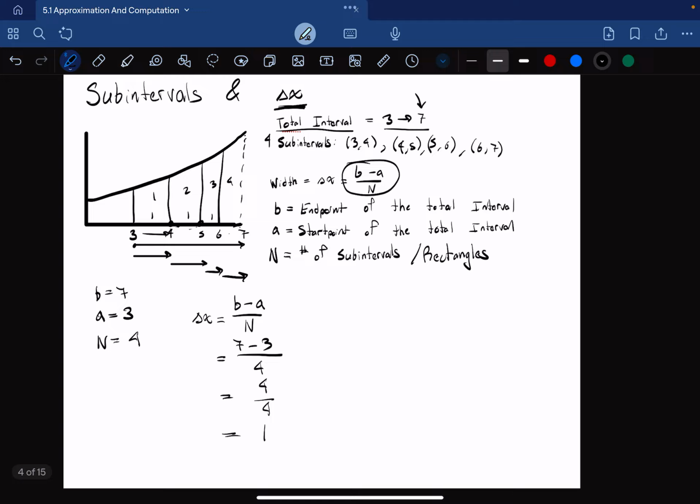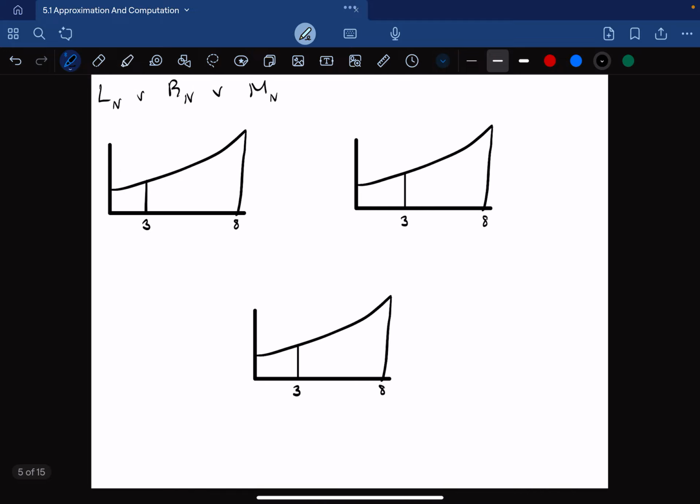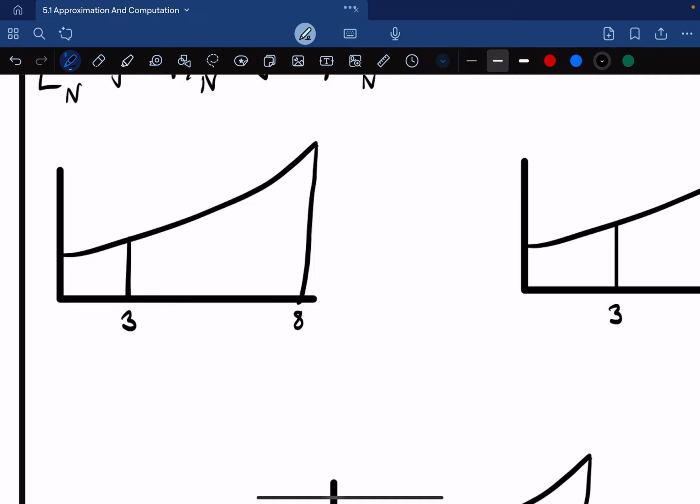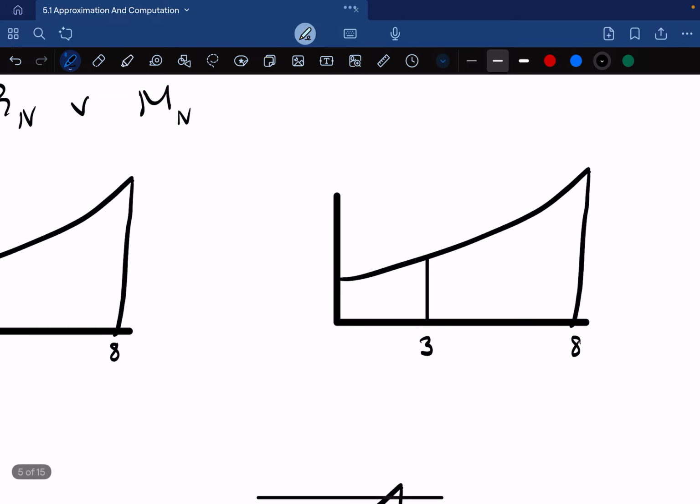So now we're going to move on to our next part, and that is going to be the different types of approximations. So as you know, in order to find the area of a rectangle, you need two things: the width and its length, or otherwise its height.